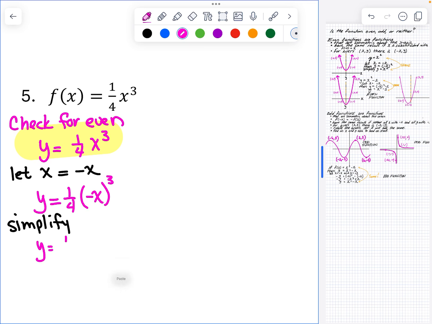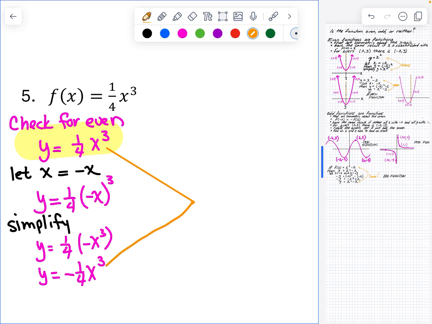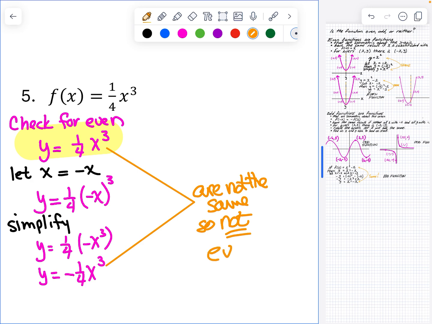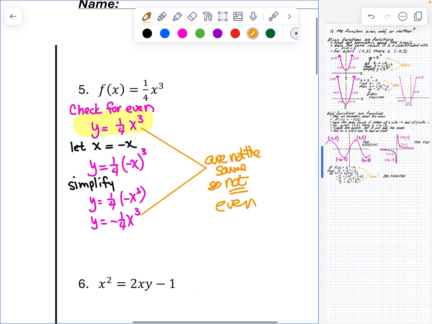So that would be 1/4 times negative x to the power 3, which would be y equals negative 1/4 x to the third power. Okay? Notice that this and this are not the same. So, not even. Okay, so that was the check for even.